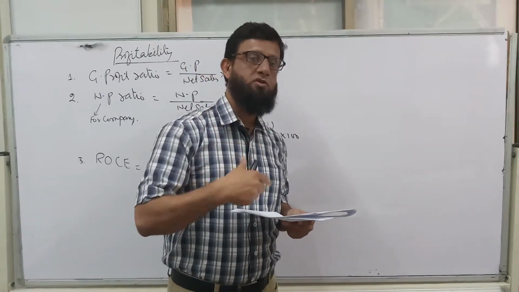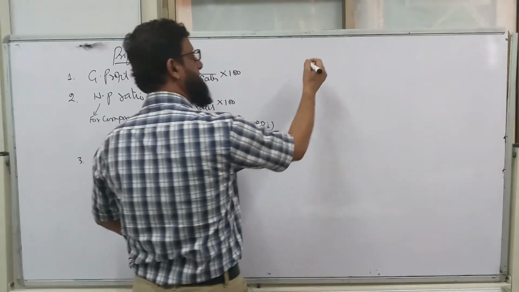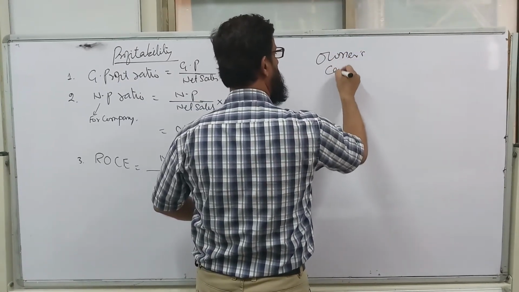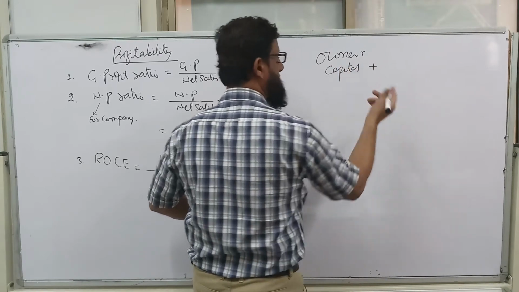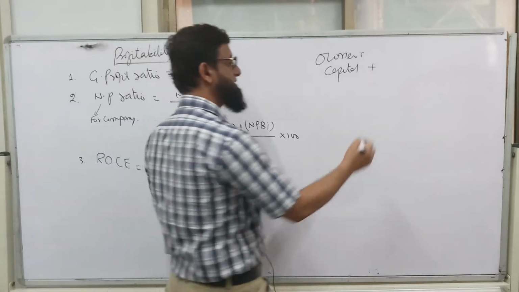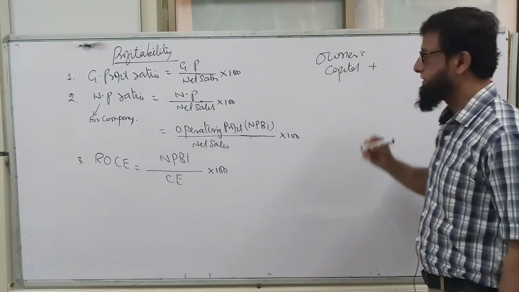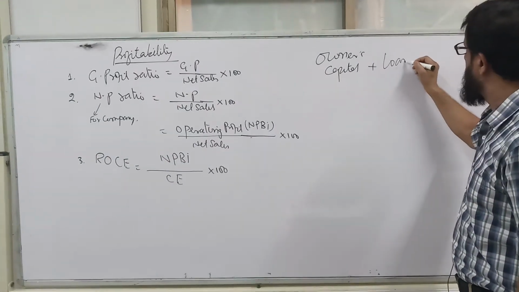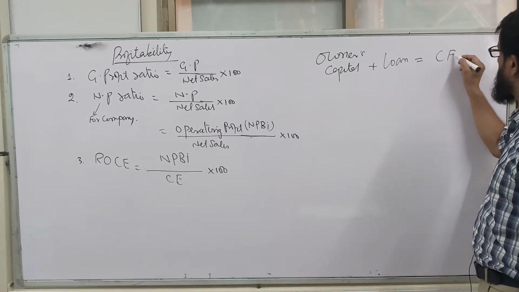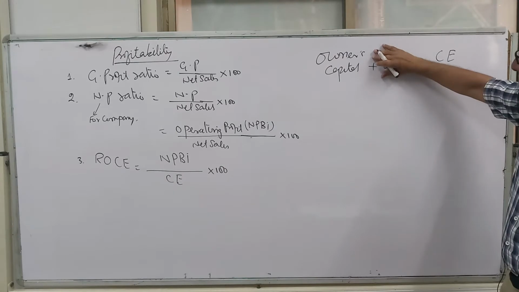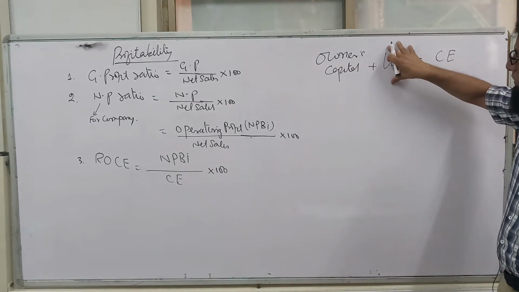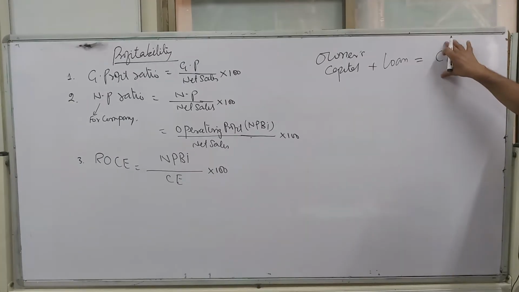One by internal resources, which is known as the owner's capital, invested by the owner himself, and plus if capital is not sufficient, the owner can take a loan from the bank. The total of this must be equal to the capital employed. So if you do not add the loan, this is known as owner's capital. When you add the loan, then it will equal capital employed.